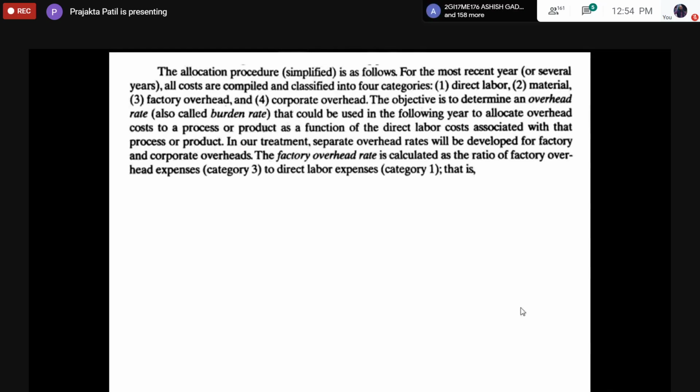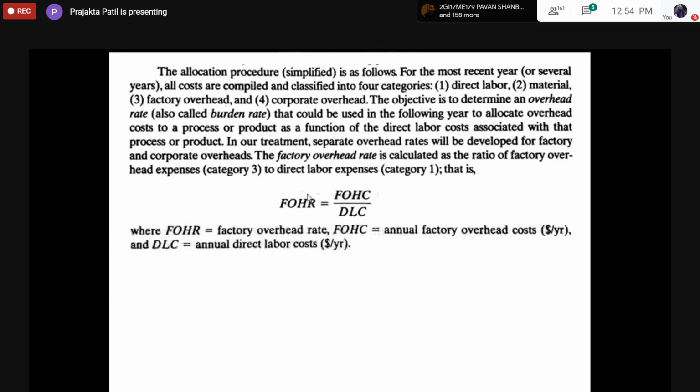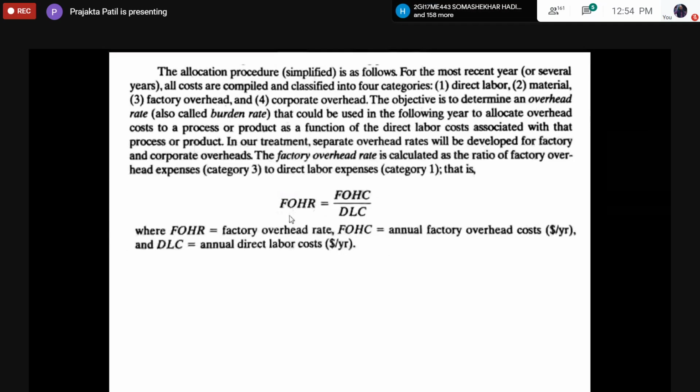The factory overhead rate is calculated as the ratio of factory overhead expenses to direct labor expenses. Just understand one thing: whenever we want to find this factory overhead rate, this is the equation. We are finding the factory overhead rate or the corporate overhead rate by taking direct labor cost as our base.